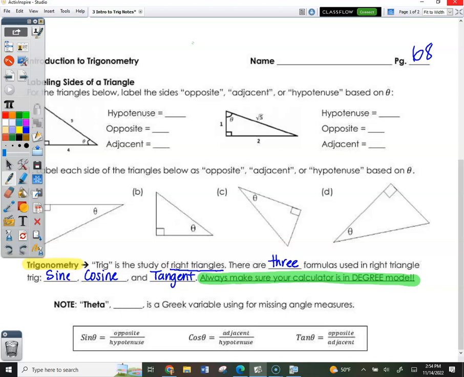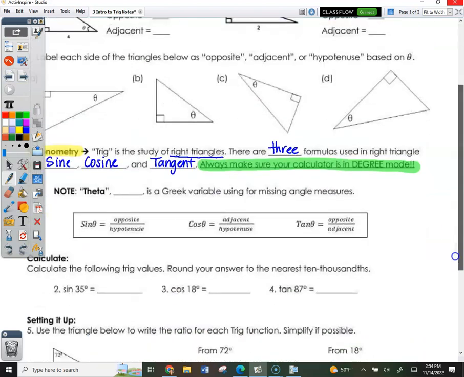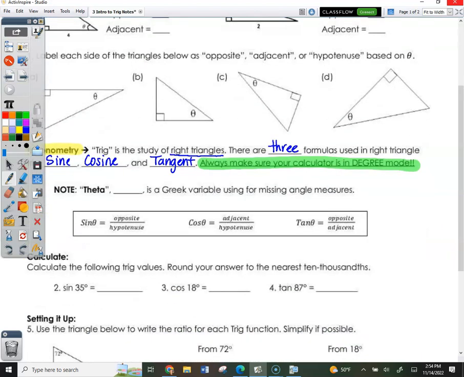There is something else you need to pick up on, and that is this little symbol right here. It looks like a slanted O with a line through it, and that is theta.